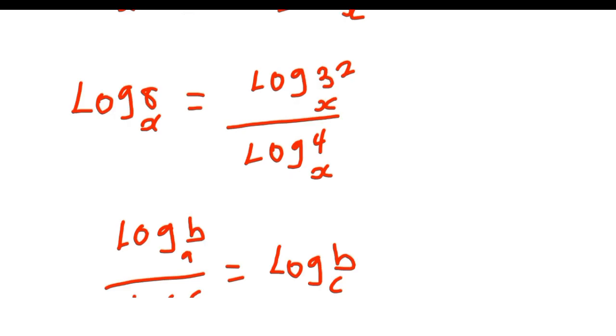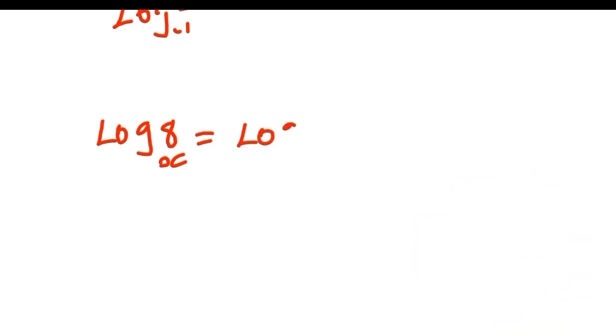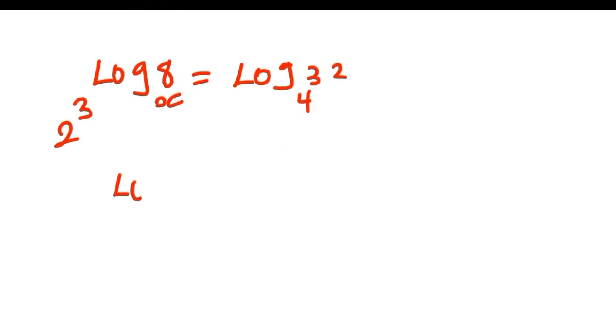Now when we apply this law on the left hand side of this equation, we'll be left with log 8 base x is equal to log 32 base 4. Now 8 can be written as 2 raised to the power of 3. So we're going to rewrite that, and this is going to give us log 2 raised to the power of 3 base x is equal to log 32 base 4.